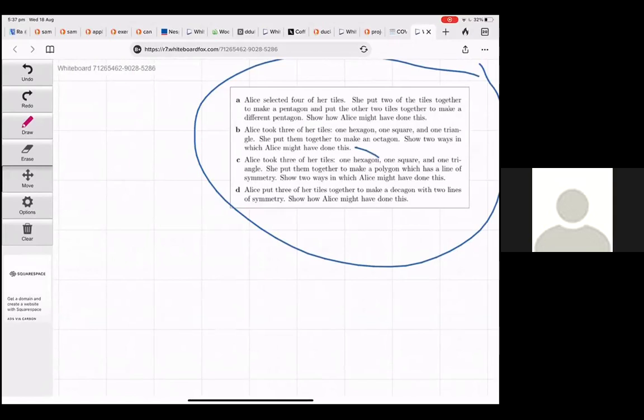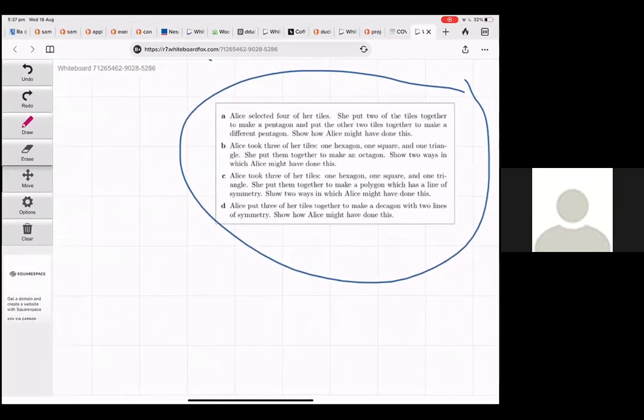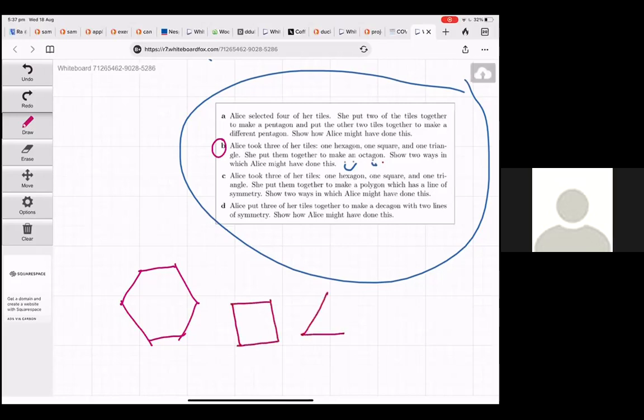Let's do part B. We're going to look at this one. Alice took 3 of her tiles. So Alice took her hexagon, this one here, and 1 square and 1 triangle.